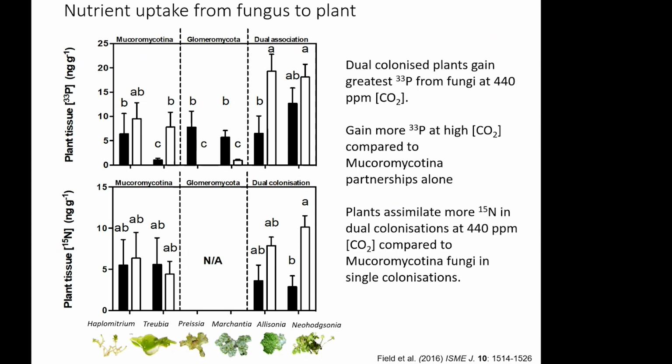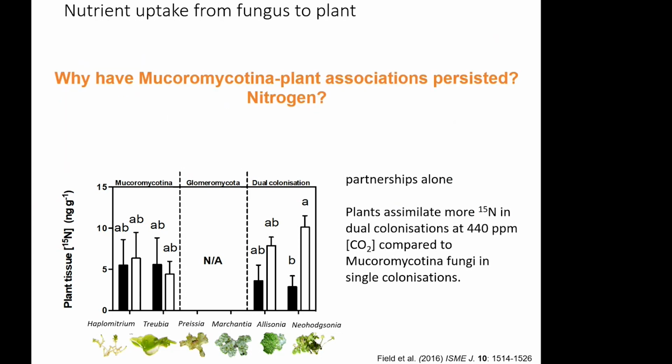So it seemed that, although it's more expensive, you get more benefit from having two fungal partners at the same time in these situations. This started giving us ideas as to why these plants are hosting multiple fungal symbionts right through to present day. Because these are modern plants, and there's clearly an advantage to having more than one fungal partner, even though it's a bit more expensive.